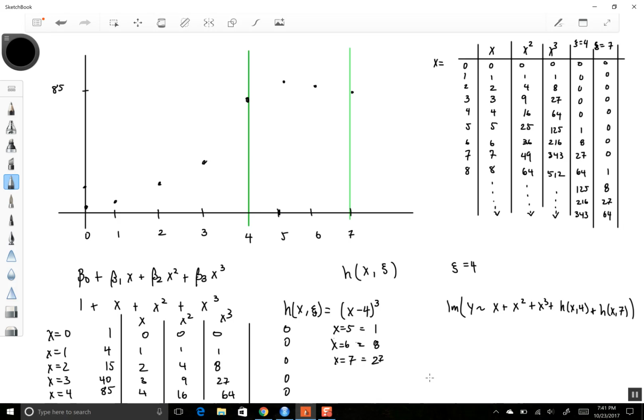So just imagine this column x cubed, but shifted to where the spline begins, and then you're just throwing that term into the line.